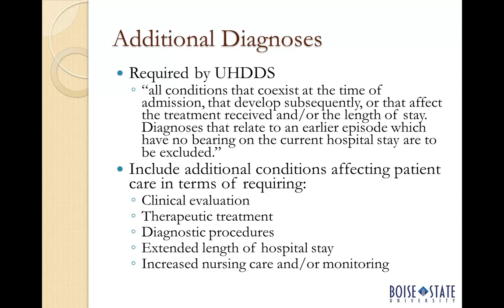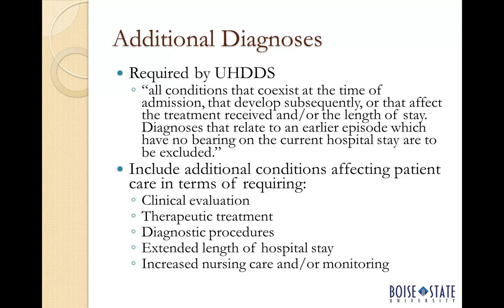If an additional diagnosis requires additional clinical evaluation, additional treatment, additional diagnostic tests, extends their length of stay, or requires increased nursing care, we're going to code that as well. A lot of your chronic conditions commonly need to be coded, like diabetes, hypertension, malignant neoplasm, something like that.